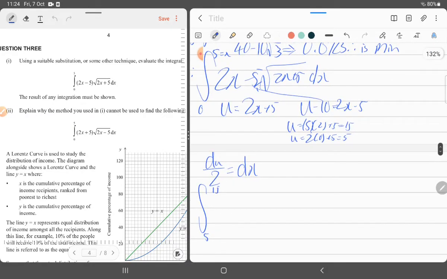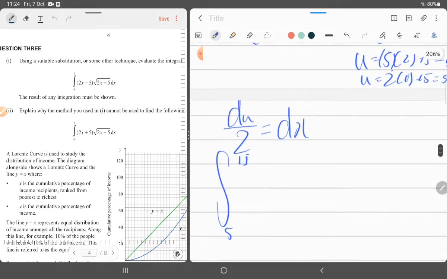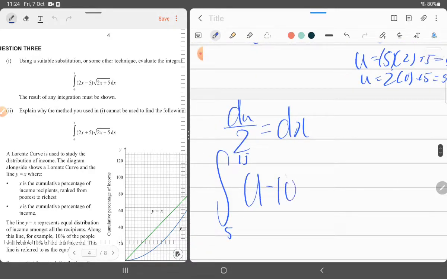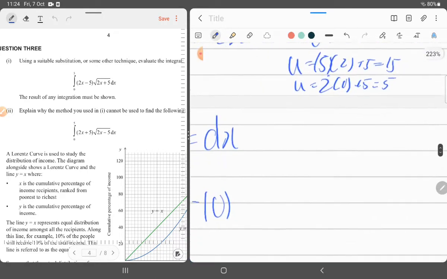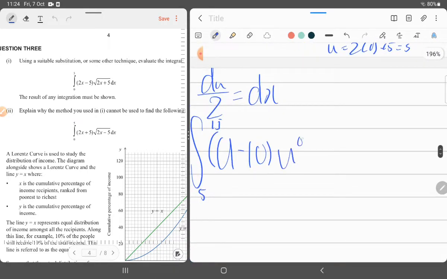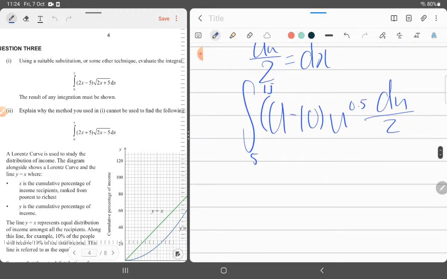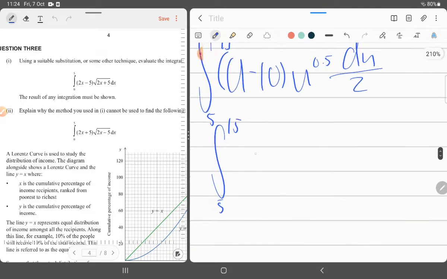So we got u take away 10 is 2x take away 5. Then the square root of u is u to the power of half, and dx is du over 2. So the integral from 5 to 15 of u to the power of 1.5 take away 10 u to the power of half, du over 2.